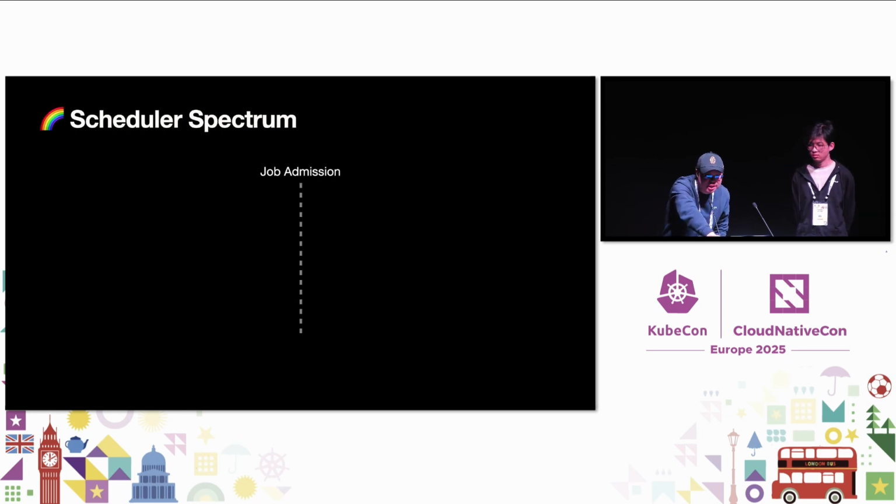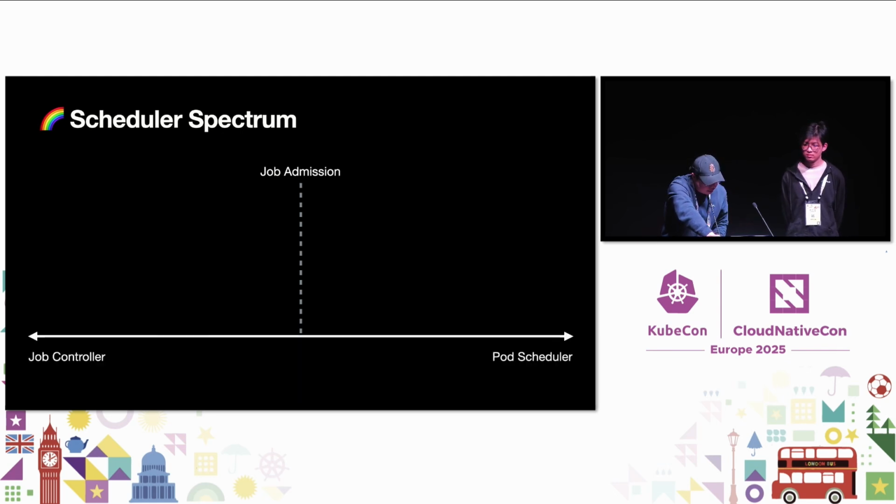If we put all the schedulers into the scheduler spectrum, I think using the admission as a boundary can best help you understand where they sit. So Kube scheduler definitely sits on the pod scheduler side, as well as YuniKorn.